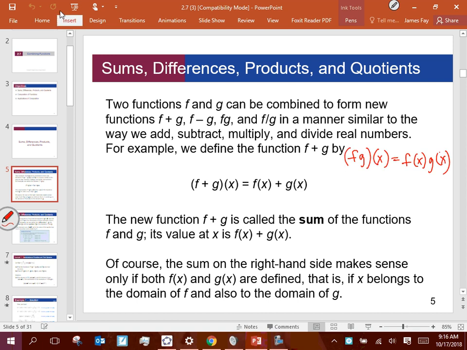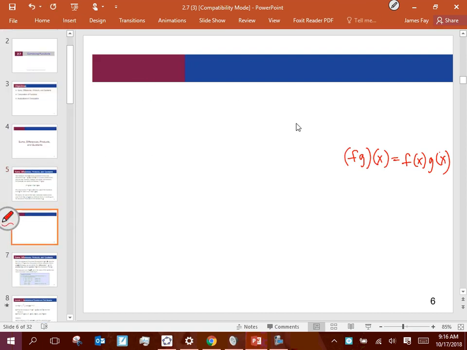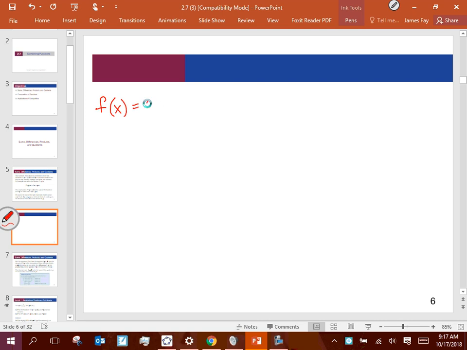Let me insert a slide here. Let's just say f of x is equal to 2x plus 3. Let's say g of x is equal to x squared.